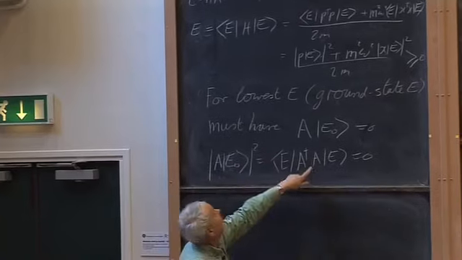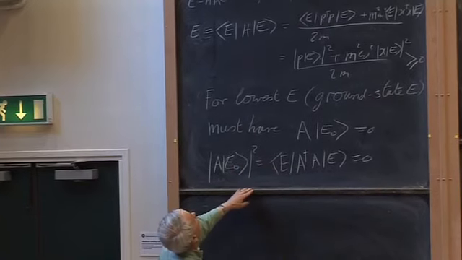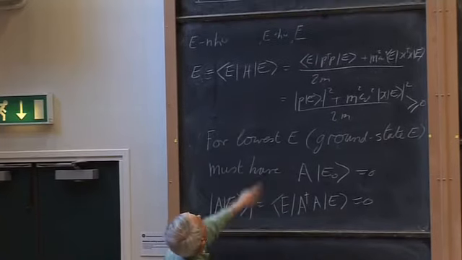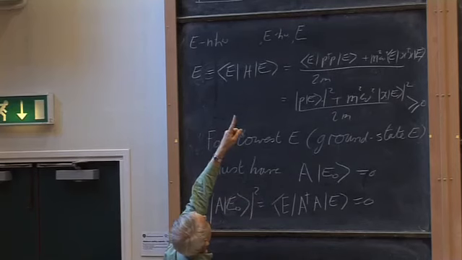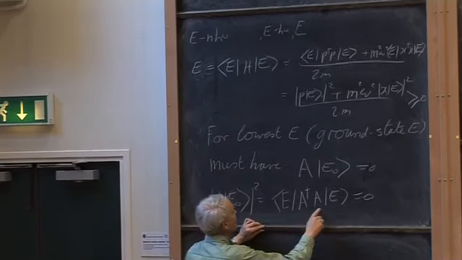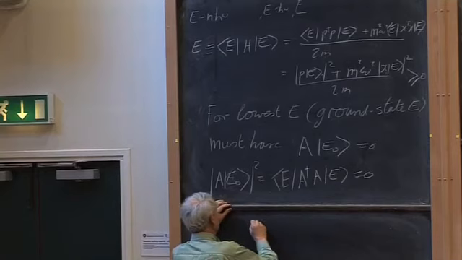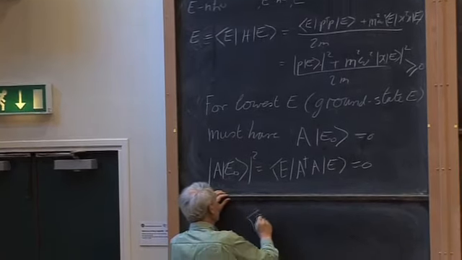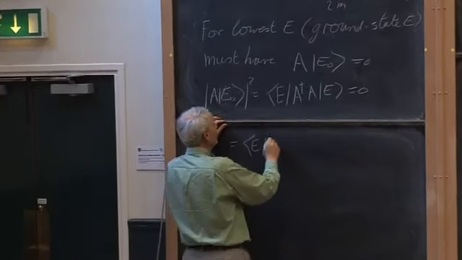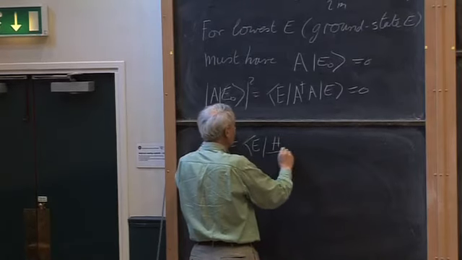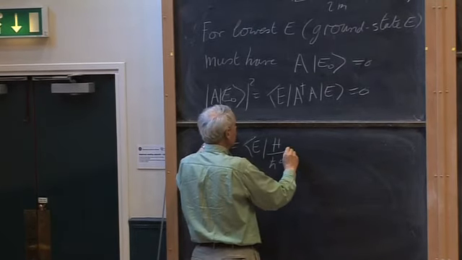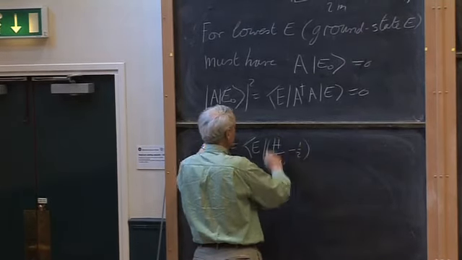But this thing, we have it somewhere up there, just in range. H is equal to A dagger A plus a half h bar omega. So this is the expectation value of H over h bar omega minus a half.